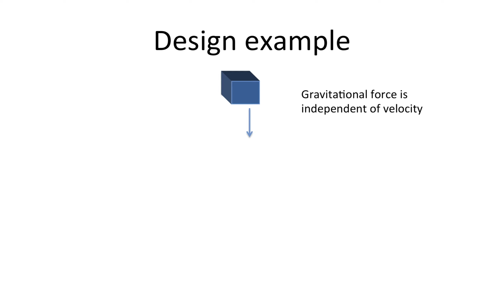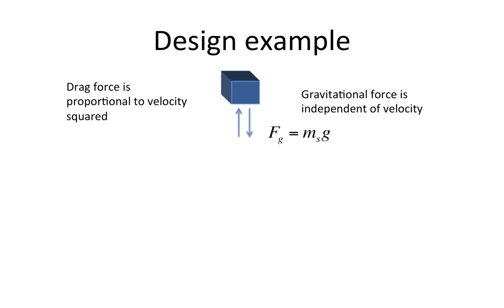We know that the gravitational force is independent of velocity. In fact, the gravitational force is just mass times gravity, the mass of the suitcase times the acceleration due to gravity. And now we've uncovered that there's an opposing force to the gravitational force. And this opposing force, we can describe it as being proportional to velocity squared.